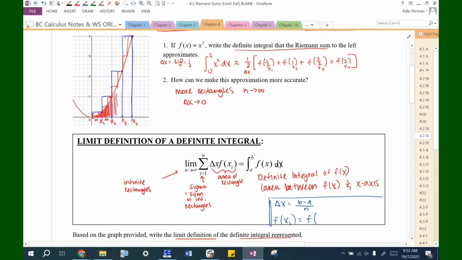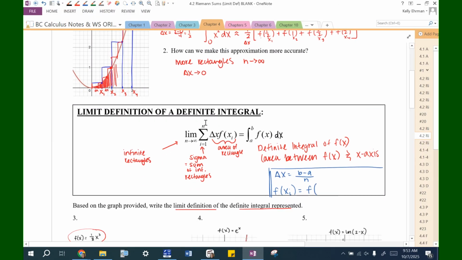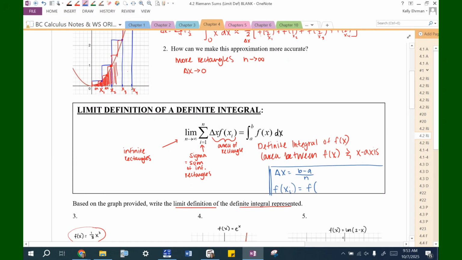So the second rectangle would be starting at a, add 2 delta x. Starting at a, add 3 delta x. So in general, you're trying to evaluate f of x sub i, which is f of a, where your integral starts, where your shaded area starts, plus delta x times i, because i represents which rectangle you are on. Are you on the first or the second or the third or whatever?